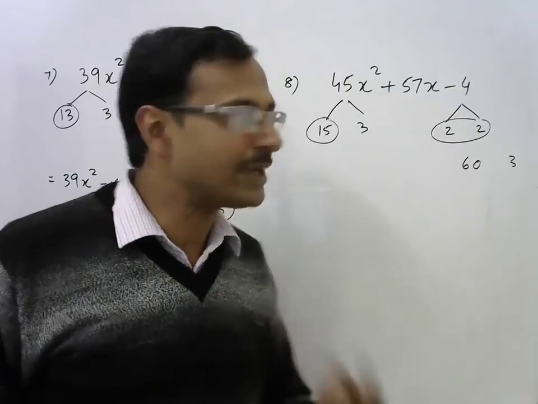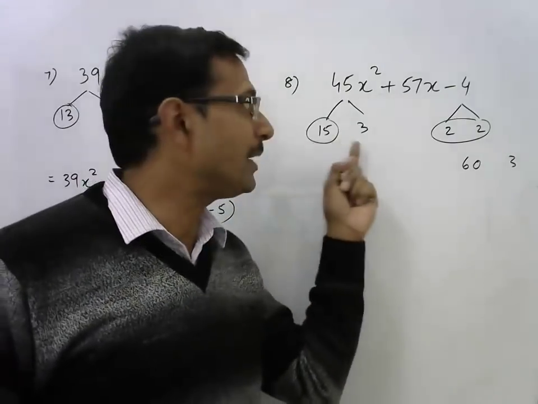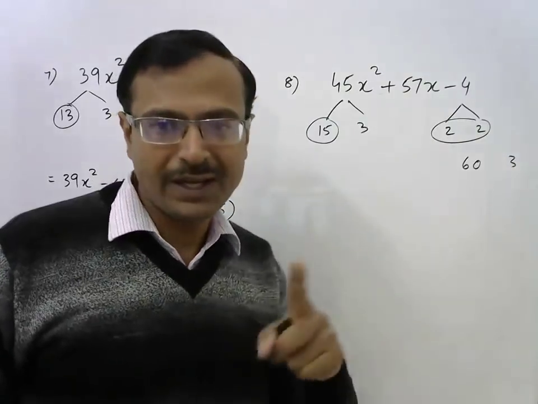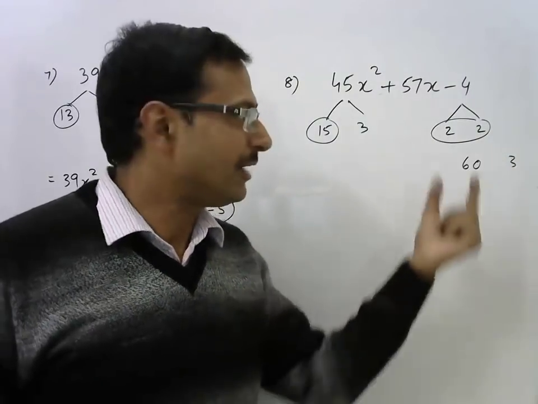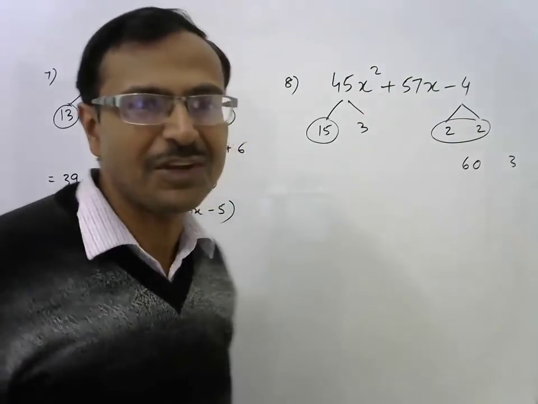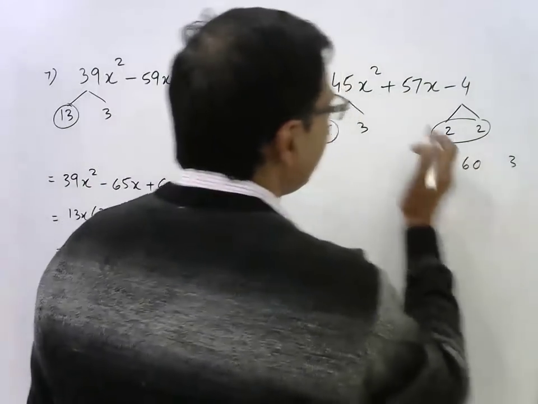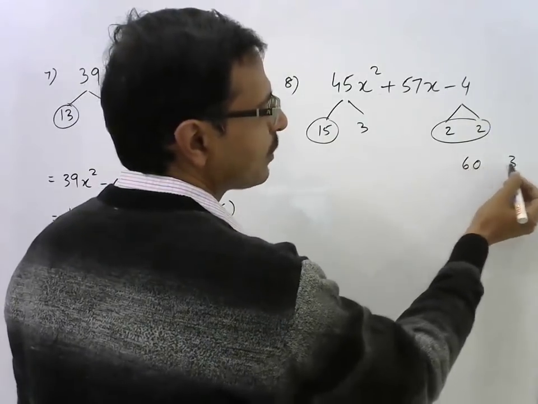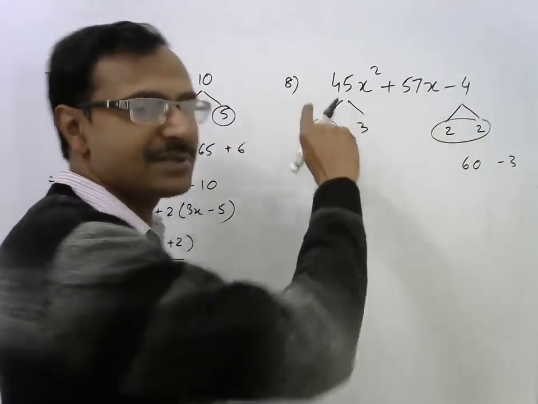So one number has to be greater. If you multiply 15 by any of these, you are not going to get a number greater than 57. It only happens when you multiply these two together and then multiply it with 15. So 15 into 4 is 60, and 3, central term is positive. So the larger number has to be positive and the smaller will be negative because the product is negative.